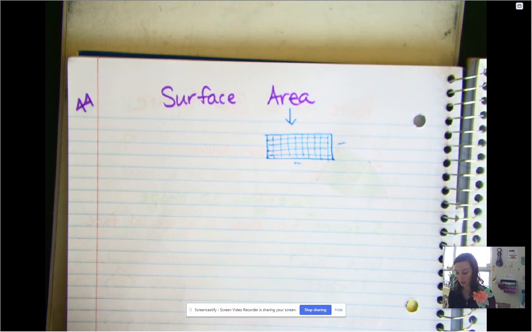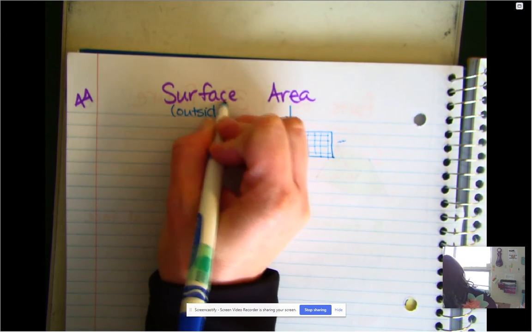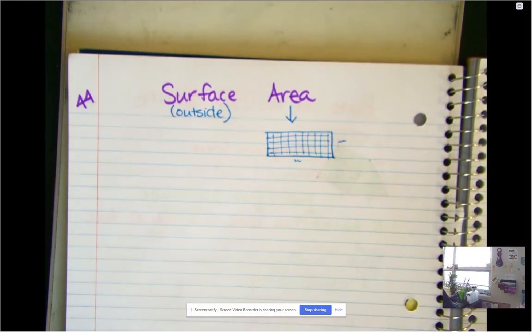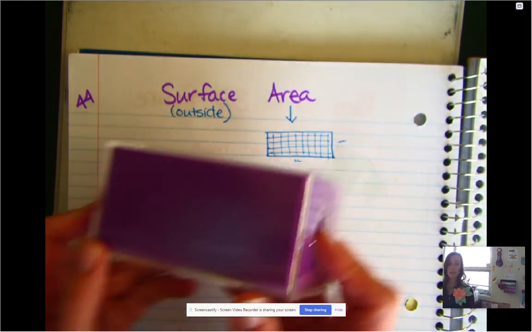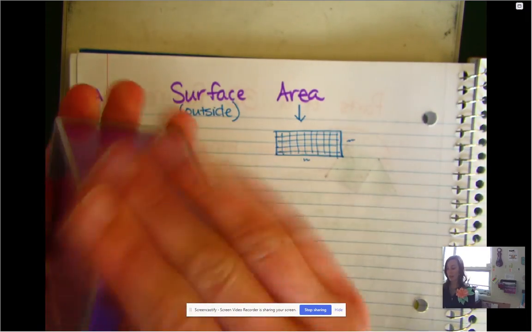Surface, then, if we think about the surface of water, it is the top of water, or the surface of your skin is the very outermost skin. So surface, I think of as anything you could paint. It's the outside of something. So surface area then, if I'm looking at a rectangular prism here, the surface area is all the area I could paint.